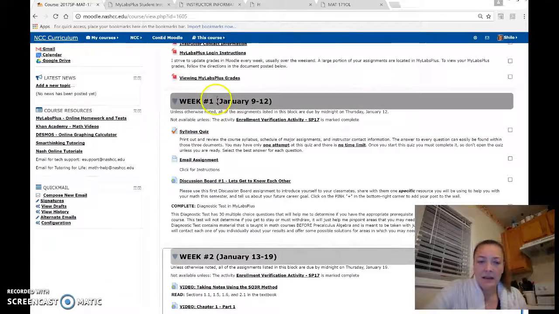The block has a week number, and then it also has a date range of when that week starts and ends. Right under the week name, it says all assignments listed in this block are due by midnight on Thursday, and then whatever the last day in that week is. And then it says exactly what you need to do.